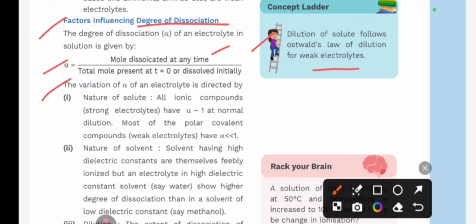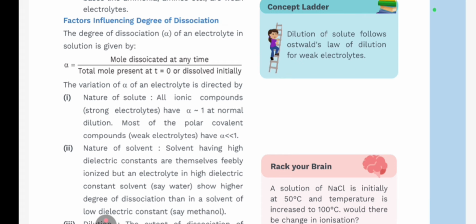The variation of alpha of the electrolyte can be explained by taking the concept of nature of solute. If any compound you take is strong, then the degree of dissociation will increase. It also depends upon the nature of solvent.